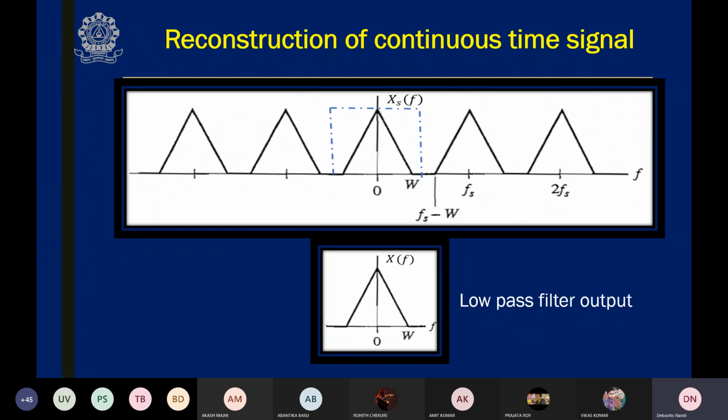That means you are getting the original continuous time analog signal at the output from the sample values. So it is possible to reconstruct the analog signal from the discrete sample values by using a properly designed low pass filter. This is the ultimate conclusion from this theory.